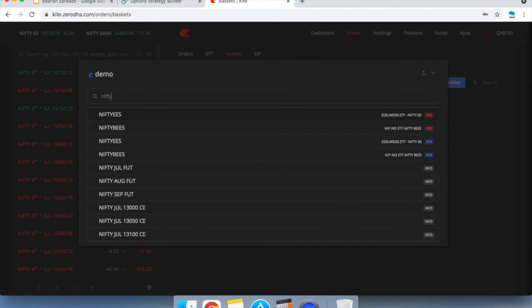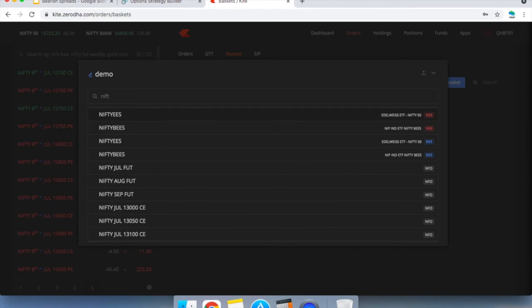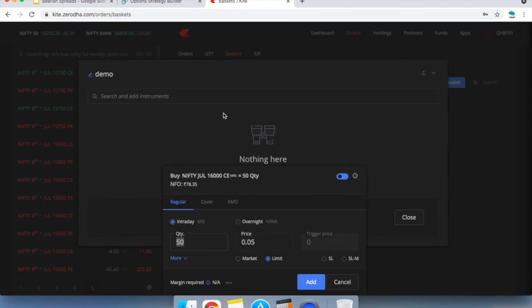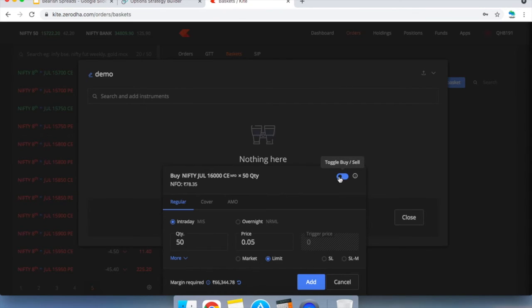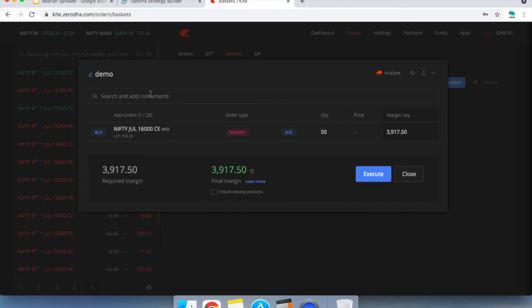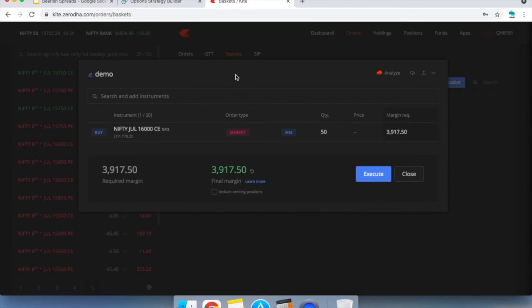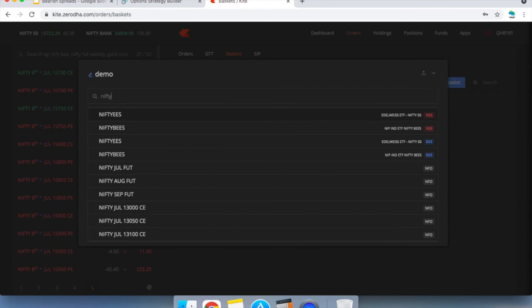Nifty for July 16,000 put, we are buying, right? We'll first see the bear put.